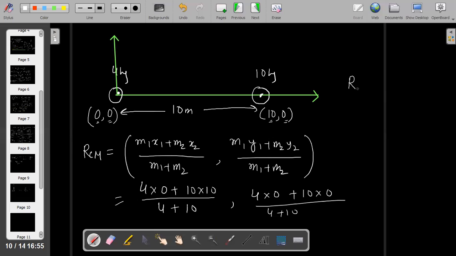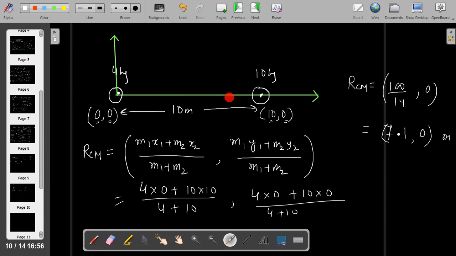Now the position of center of mass will be 100 by 14 and 0. 100 by 14 means 7.1 meters. You see, 7.1 from here.